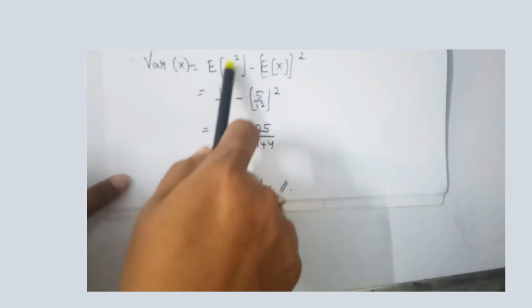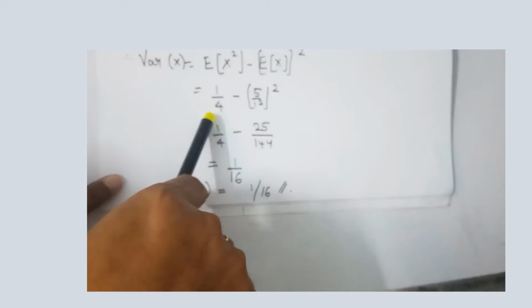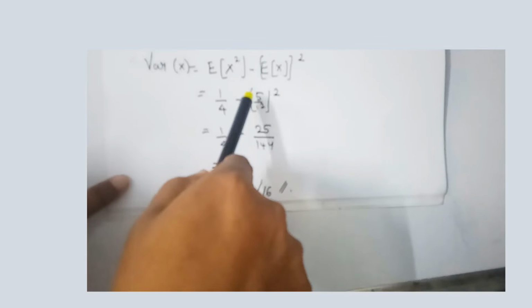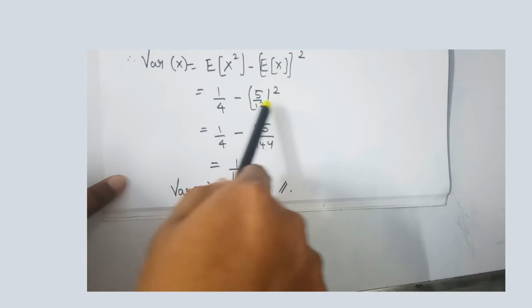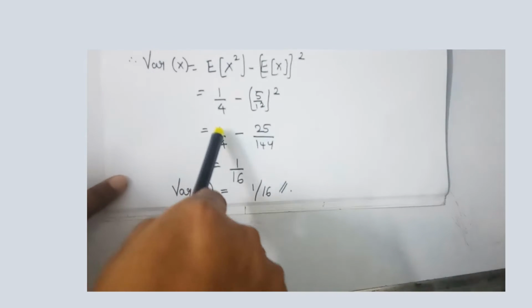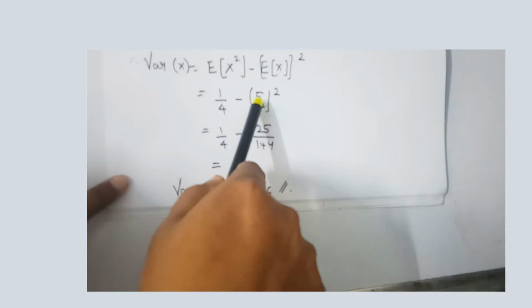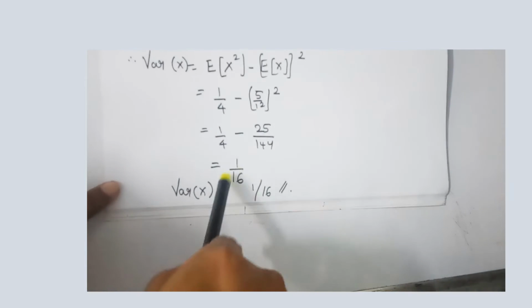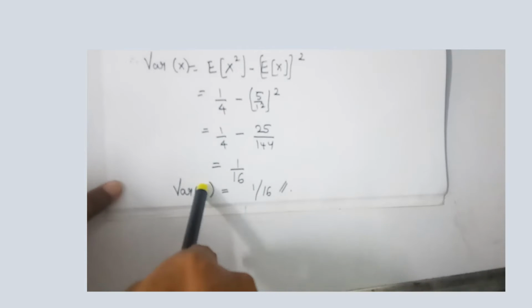The value of E of x square we have got as 1 by 4, minus E of x, which in the last bit we have got as 5 by 12, whole square. If I square this, I'll be getting 25 by 144. So after solving, I'll be getting 1 by 16. This is variance of x.